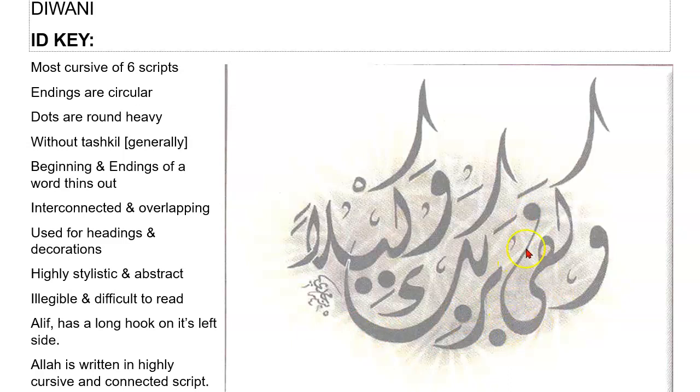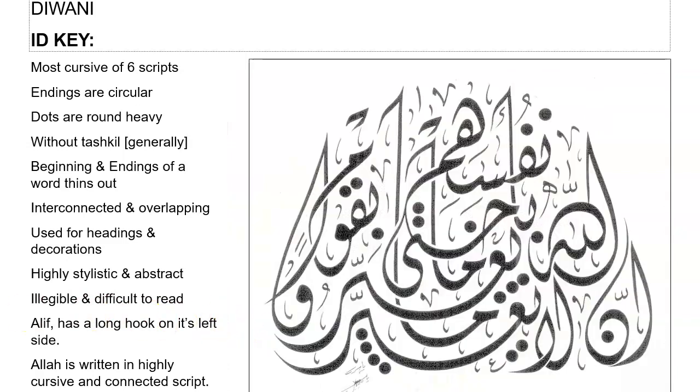The ending of a word or letter, how thin it gets, how cursive it is, Divani. Okay, the wows, look at the wows, how elongated they are, the ra, Divani. Highly stylistic and abstract, right? It tends to become abstract for people to be able to read. I will show you another one now.